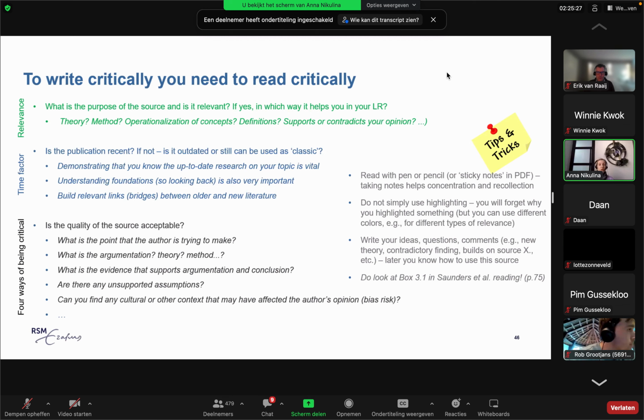Do not simply use highlighting, because sometimes people start using blue, yellow, pink, and in 2 weeks' time you will not be able to remember what this pink was, what this yellow was, and why you used this color. You can use some coloring for different types of relevance, but do not just use coloring. Leave some trace, some comments, some words behind when you read.